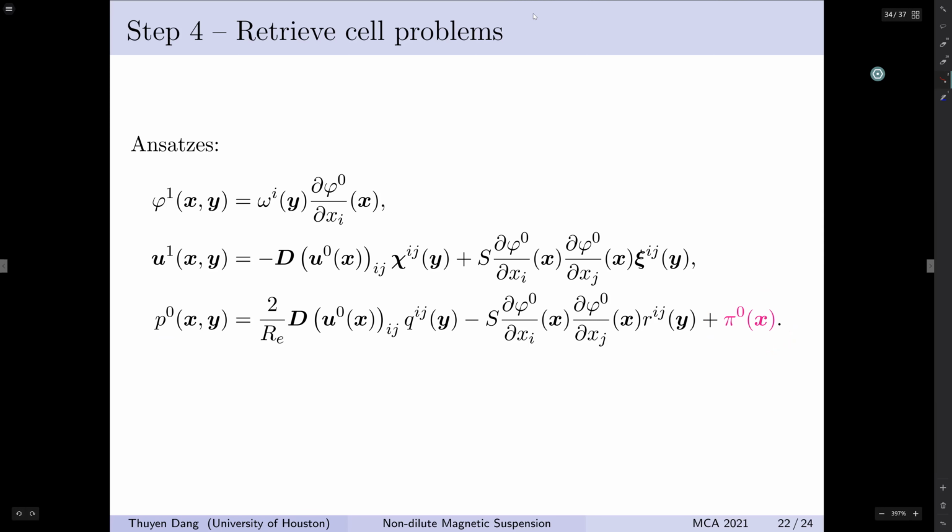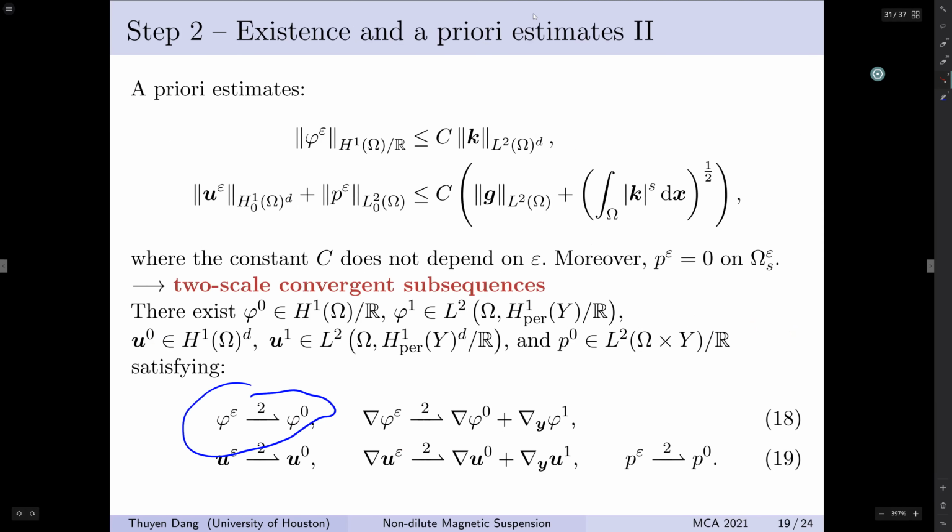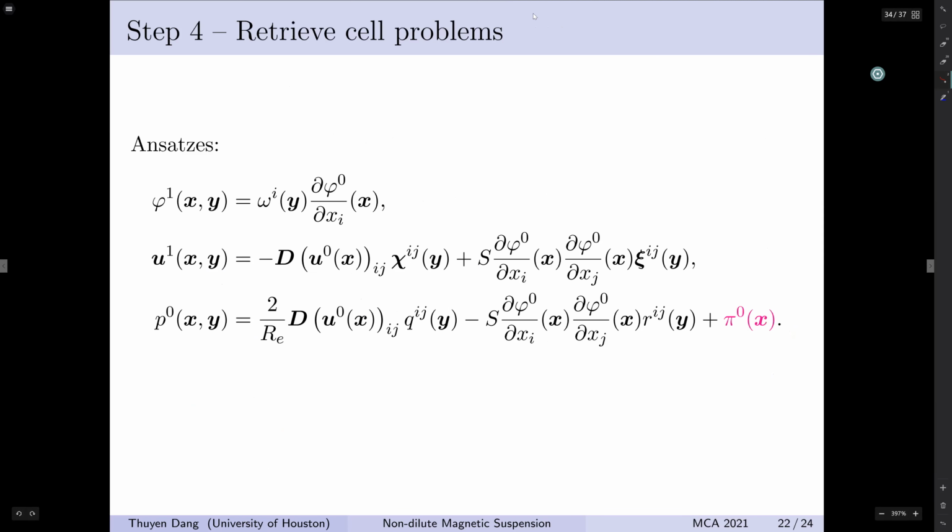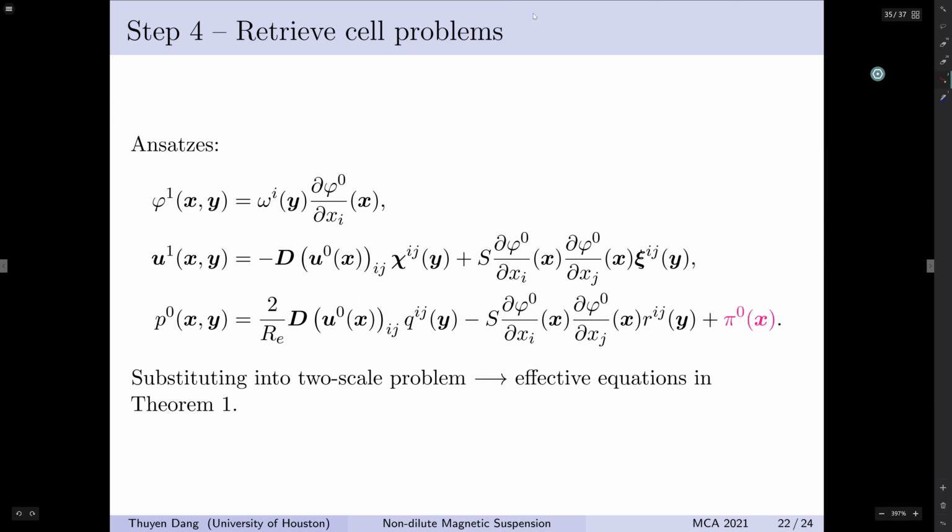While for the magnetic scalar potential and the velocity, you don't have to introduce some phi naught or u naught, because you already have the macroscopic behavior in the convergence here. So you don't need to introduce it in the ansatz. Now you substitute all the ansatz into the two-scale problem, and you obtain the effective equation in our theorem.